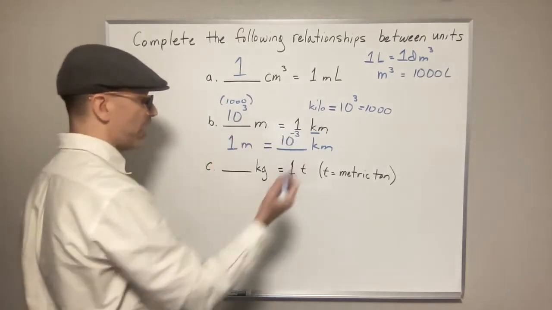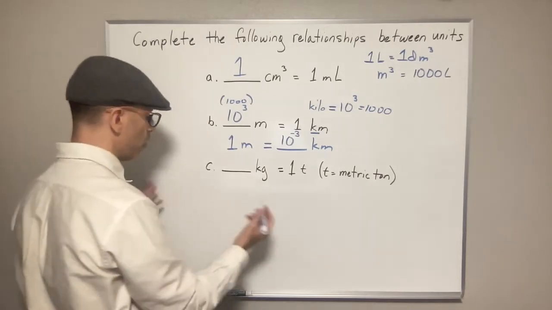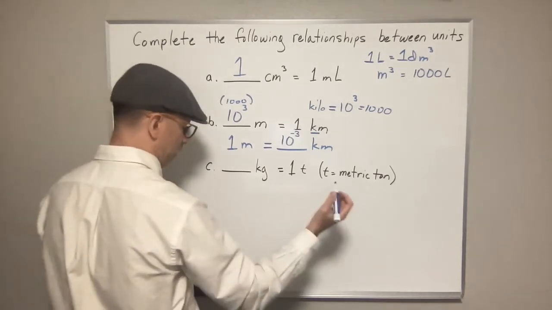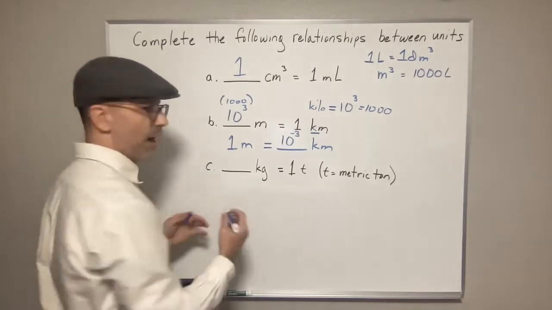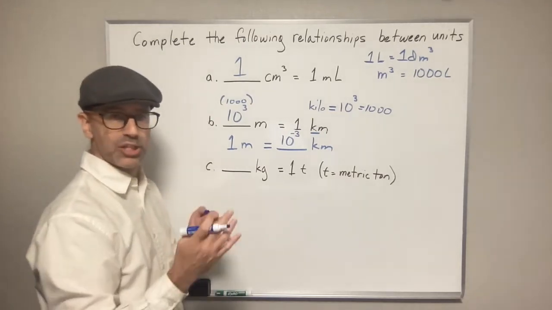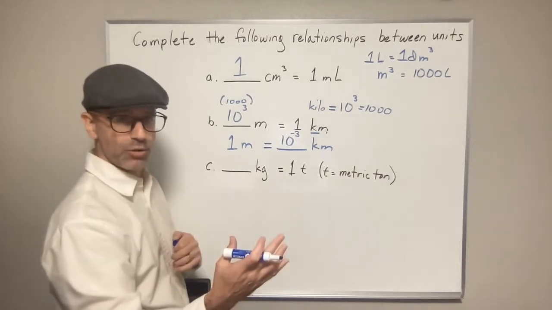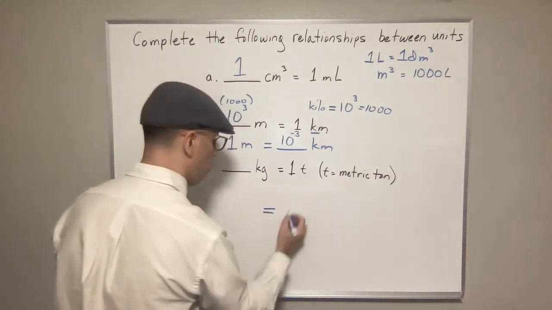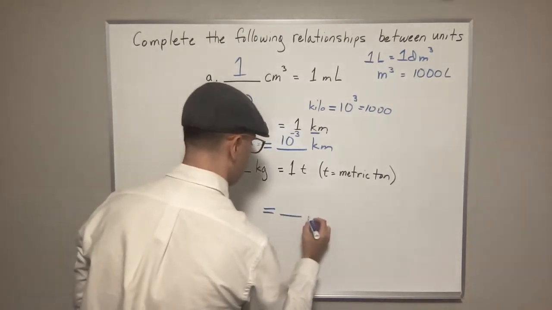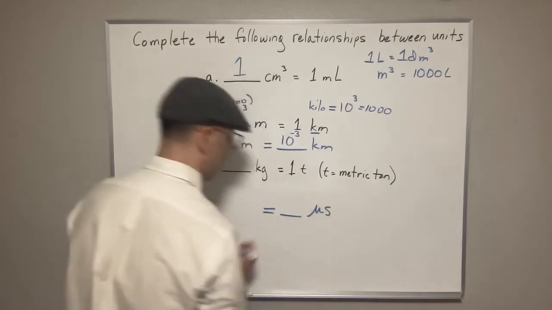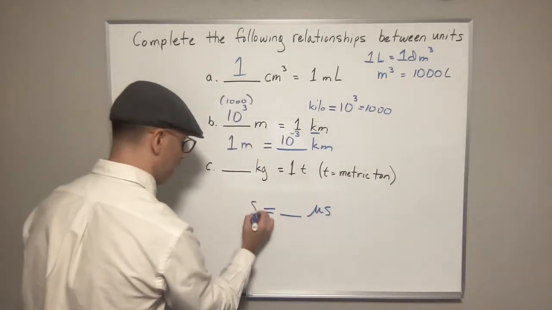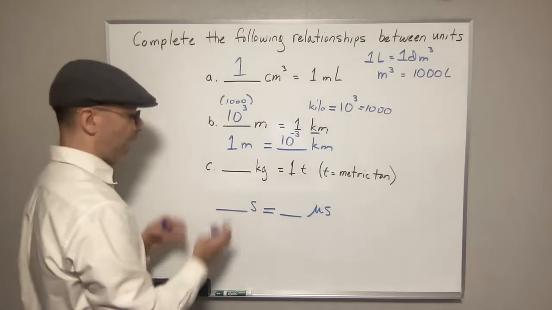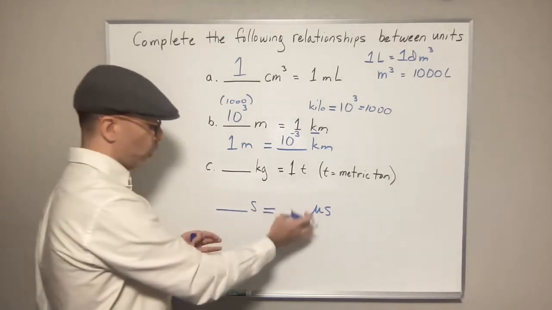So if I am trying to figure out, let's say I have microseconds, and I want to know what the relationship is between seconds and microseconds, I always set it up this way. I always put the equality, and I put microseconds, and I have seconds, and I always put the 1 with the prefix.